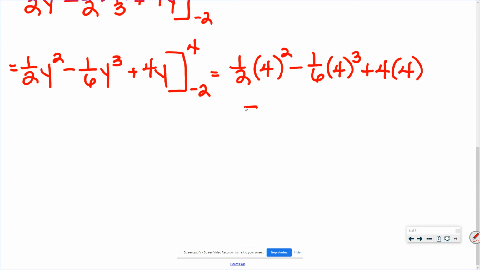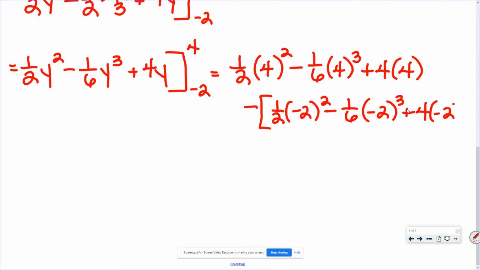And then I'm going to subtract. And I'm going to go back and plug in -2 everywhere that I see a y. Okay, now we can go through and simplify. So we just need to be super careful.